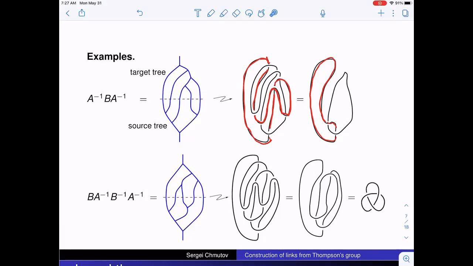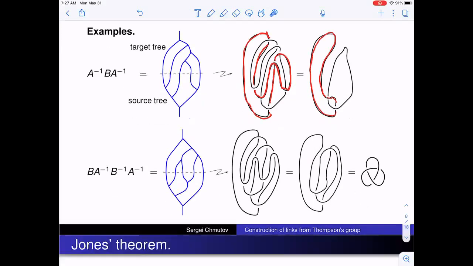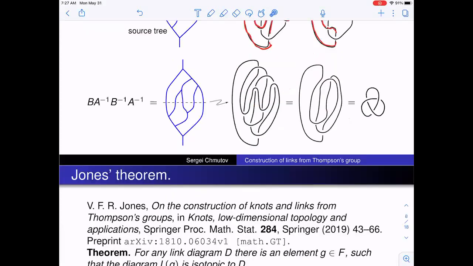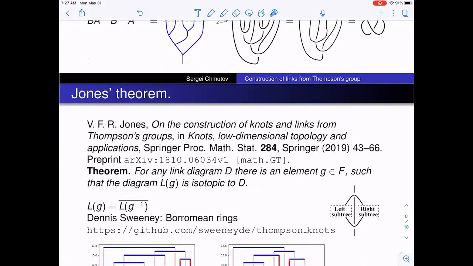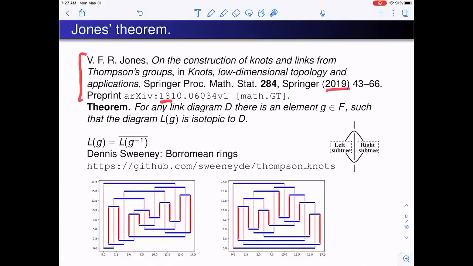Okay, so that is the construction of the link, and now the Jones theorem. Jones explains this construction in more detail later on in a preprint in 2018, published in 2019.